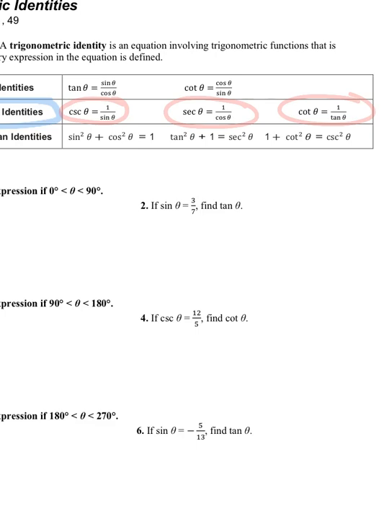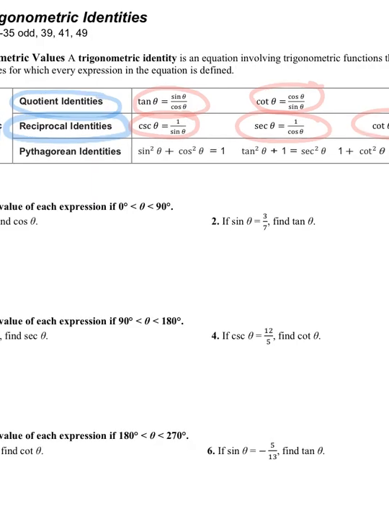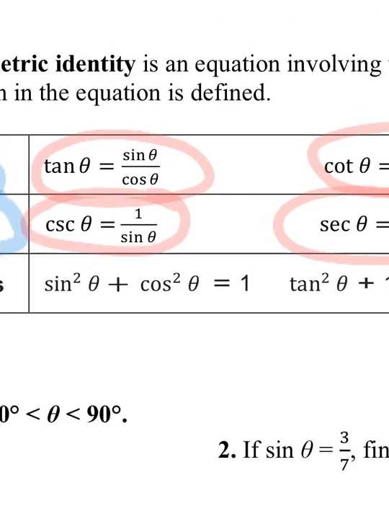All right, and then we have our quotient identities, and this is specifically for tangent and cotangent. All right, so for tangent, it's equal to sine over cosine, and since cotangent is the reciprocal of tangent, it makes sense that cotangent would be cosine over sine. Now let me show you a quick proof of why that is for the tangent one.